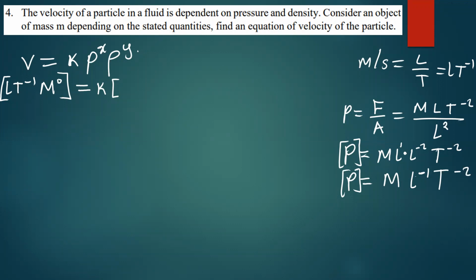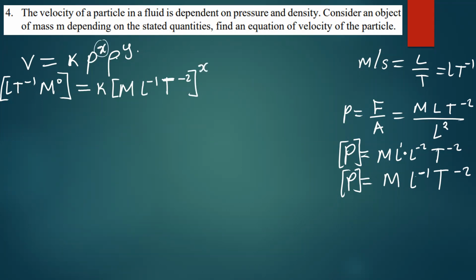So that is what you get as the dimensions for pressure. So we have M, L -1, T -2. Then we put our x there as the power.